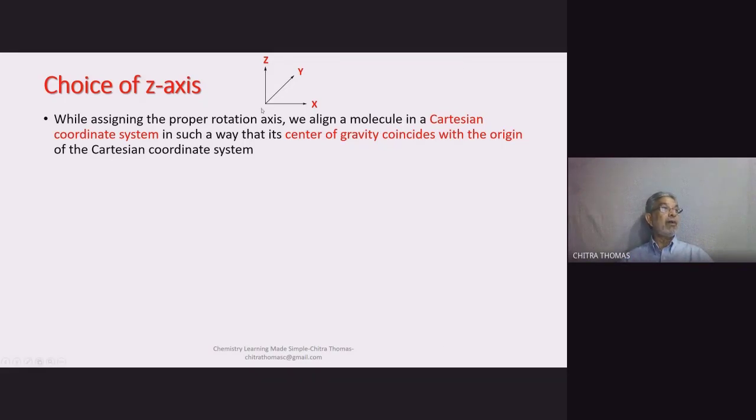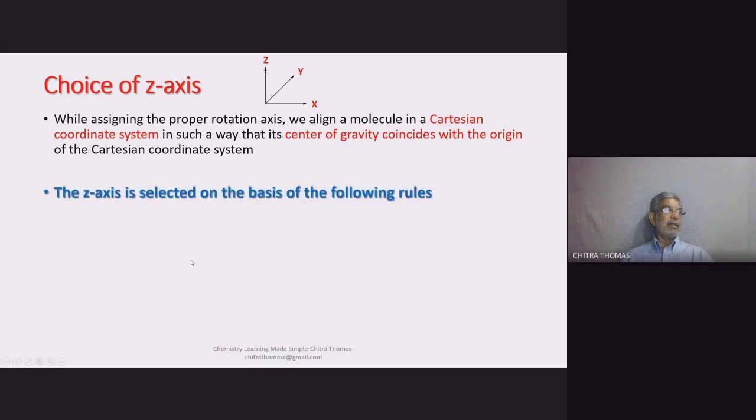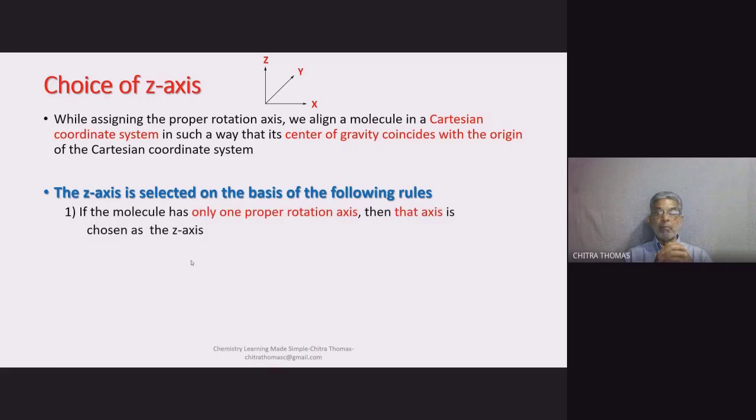So we keep the center of gravity at the origin. The Z axis is selected on the basis of the following rules. One, if the molecule has only one proper rotation axis, that axis is chosen as the Z axis.